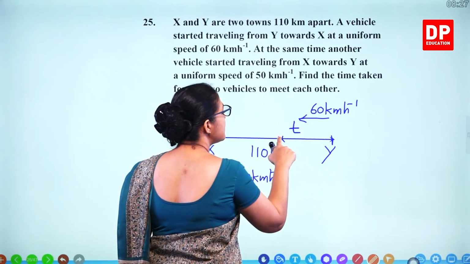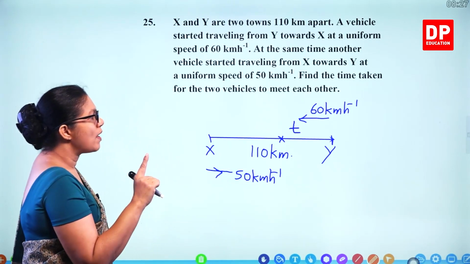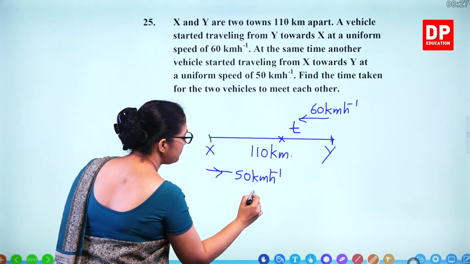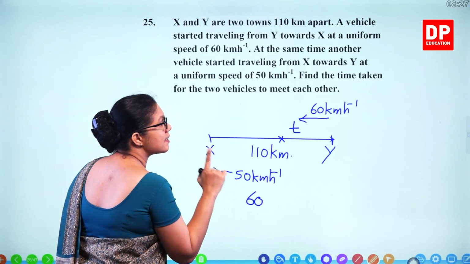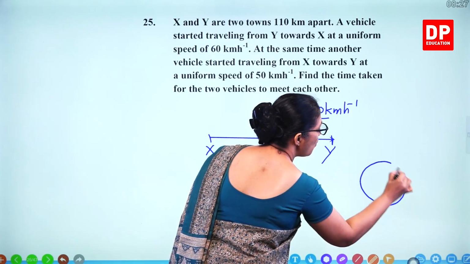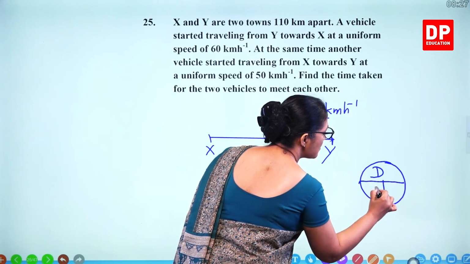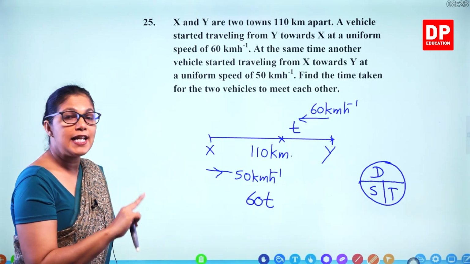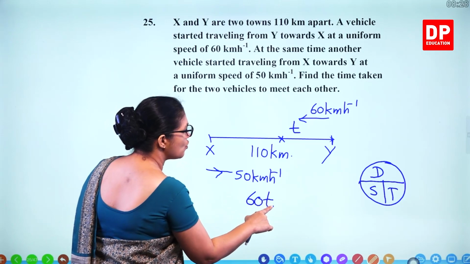So in t hours, they meet each other. What is the distance travelled here? 60 is the speed, into time, 60t. Because we know distance is speed into time, 60 into t.